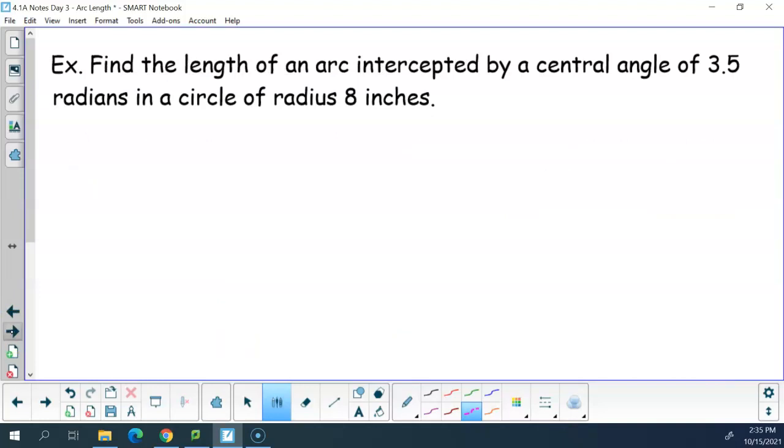You try this one. Find the length of an arc intercepted by a central angle of 3.5 radians in a circle of radius 8 inches. S is going to equal theta times r. What's my central angle? 3.5, and that's in radians, so I can use that.